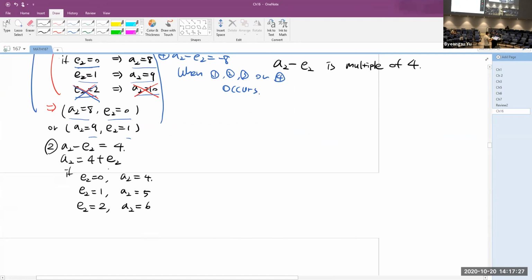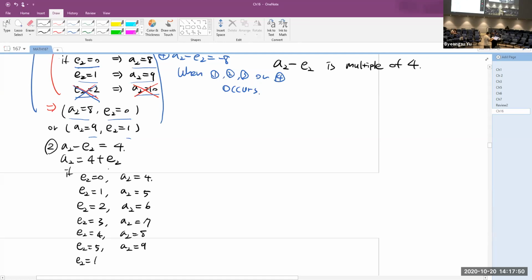So again, A2 is a single digit, so it's okay. If E2 is 3, then A2 is 3 plus 4 is 7, so it's okay. If E2 is 4, then A2 is 8. If E2 is 5, A2 is 5 plus 4 is 9.